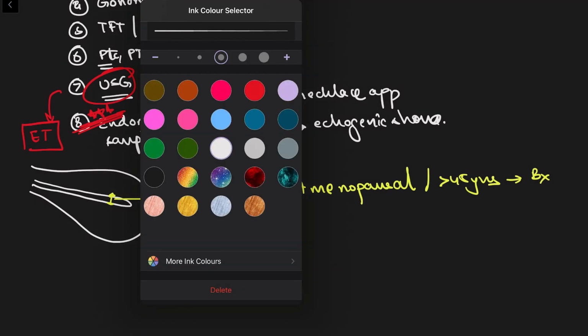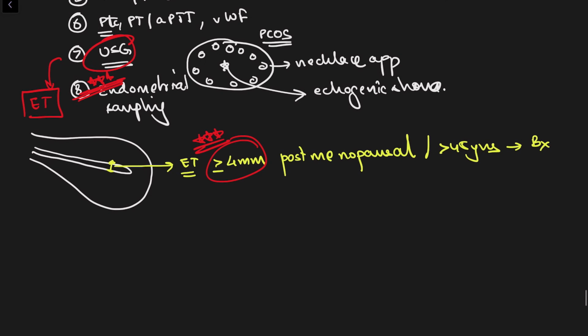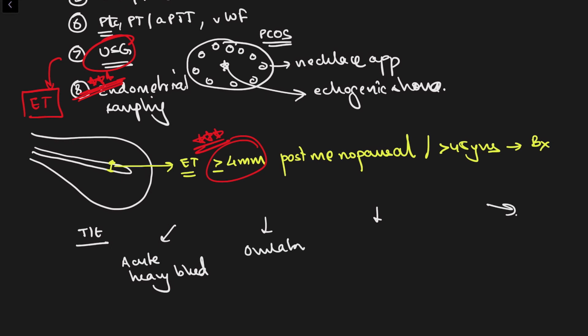How will we treat this patient? Right. We divide our treatment into four categories. First is acute heavy bleed. Next is ovulatory bleed and anovulatory bleed. Let's talk about these three conditions first.